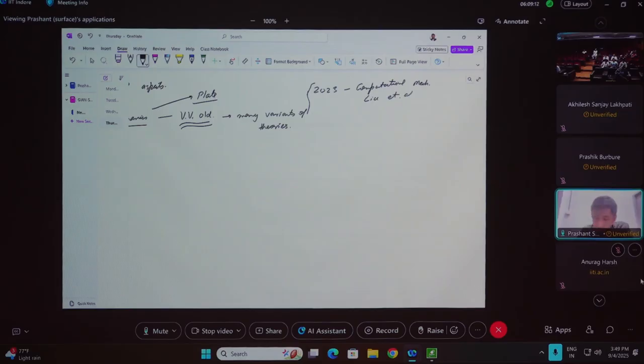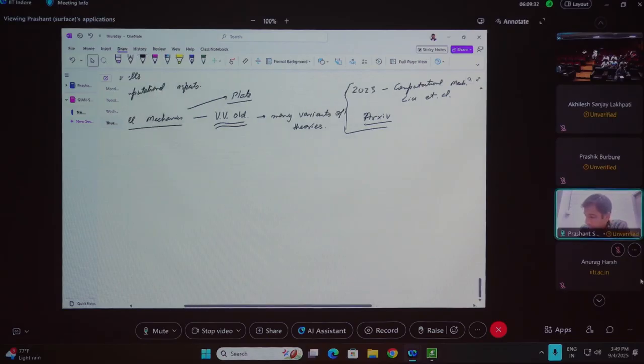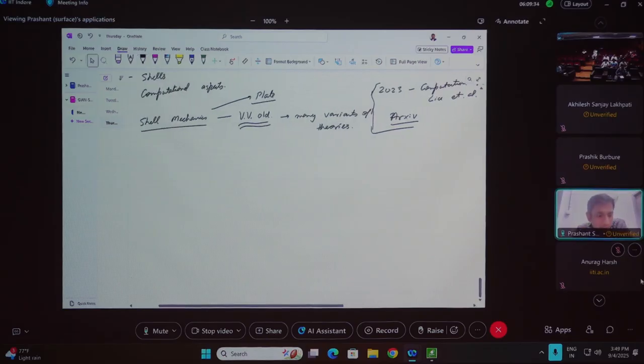This was my former postdoc. That has a lot of details of shell theory and how we do the computational implementation. Then there are a couple of papers which are archived, the unpublished papers that I've shared, and they also have a fair bit of shell theory. So you can have a look at those papers for a lot more detailed analysis. I just want to go through some key ideas.